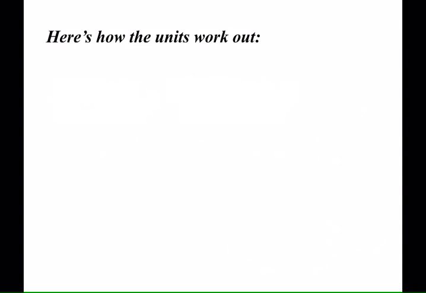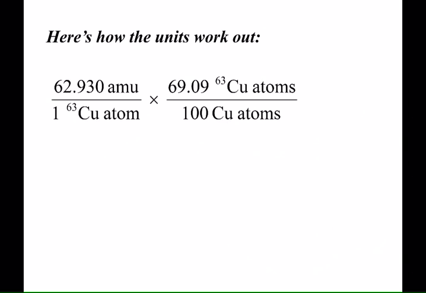So just to show you, I see I put this slide in here to show you how the units work. If we pick on copper 63, for one copper atom, it weighs 62.930 AMUs.